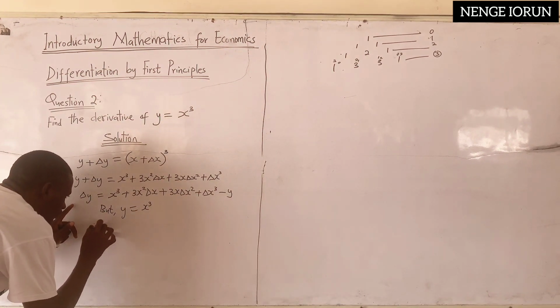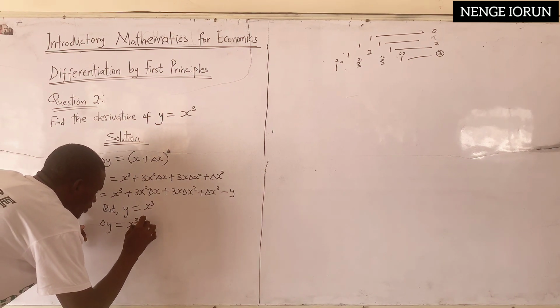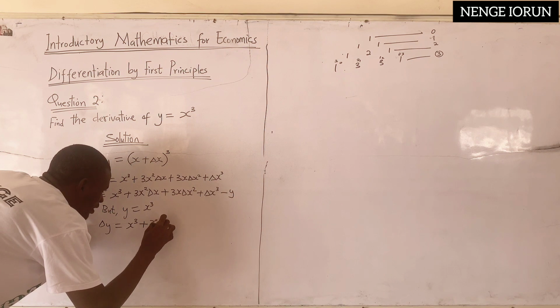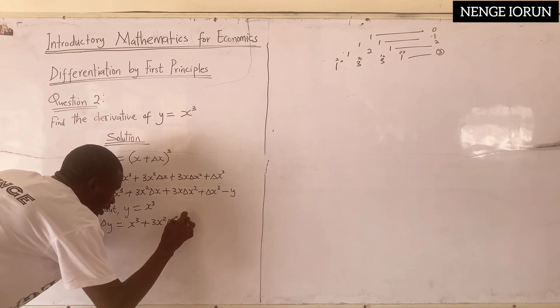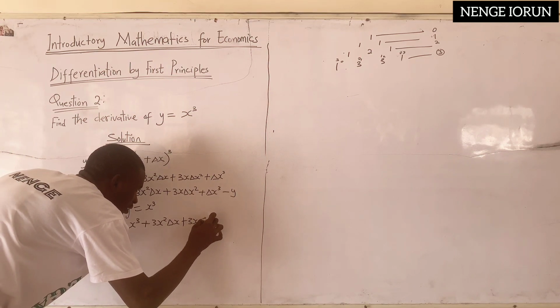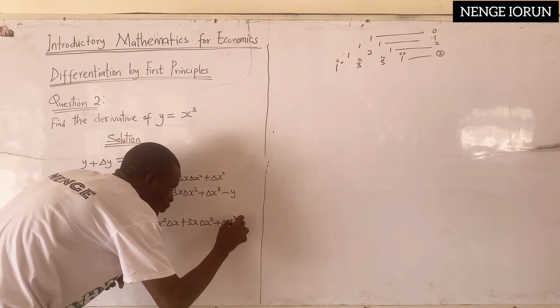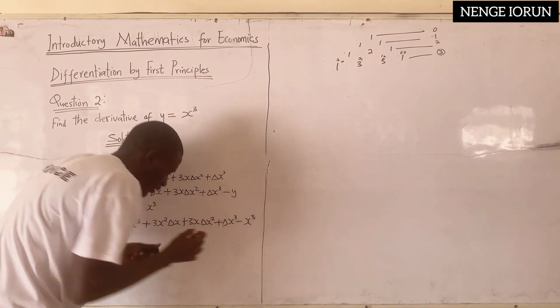You have delta y is equal to x cubed plus 3x squared delta x plus 3x delta x squared plus delta x cubed minus x raised to the power of 3.